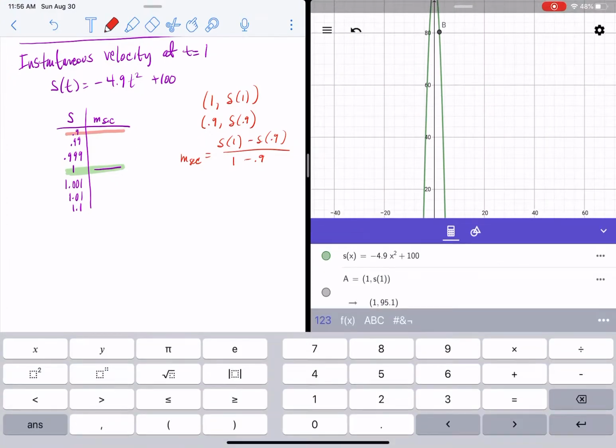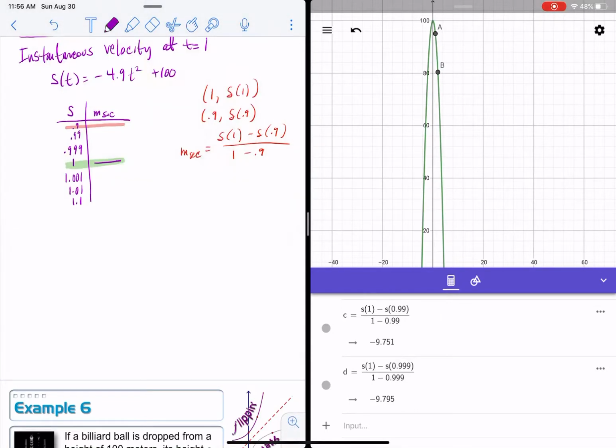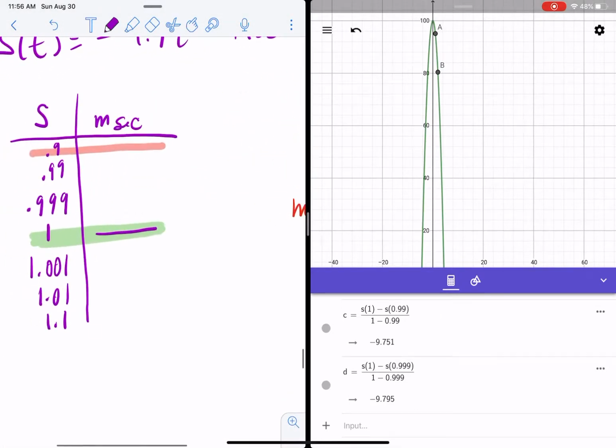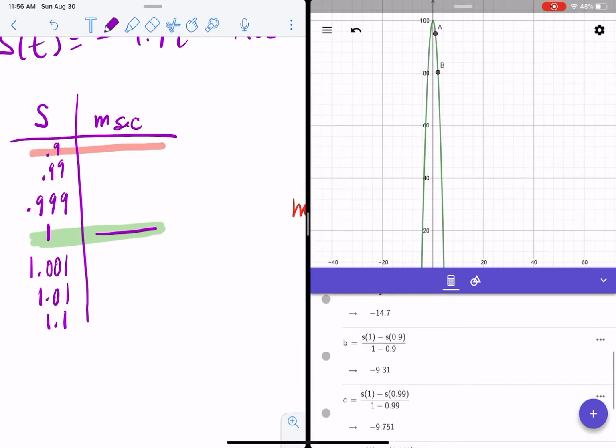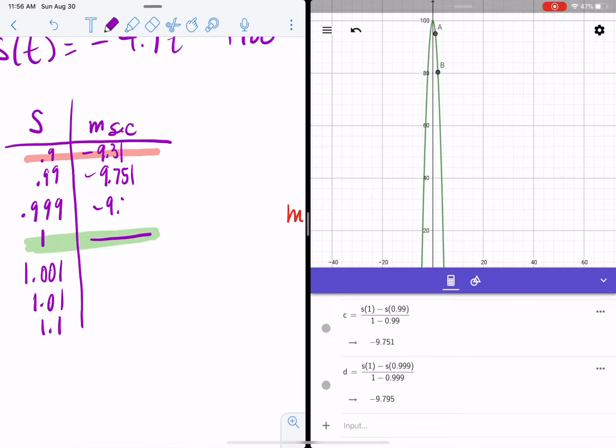Okay, so we had, change it back to purple. The ones that we had, starting with a negative 9.31, and then negative 9.751. One more, negative 9.795.